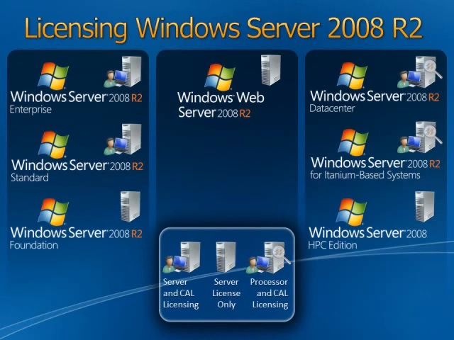So which licensing models do our editions actually follow? If we look on the left-hand side, we'll see Standard and Enterprise Edition follow our normal server and CAL licensing model. Whereas Foundation is just a server license only, no CALs required, as is Web Server and the High Performance Computing Edition. So they are all licensed just with the server license only.